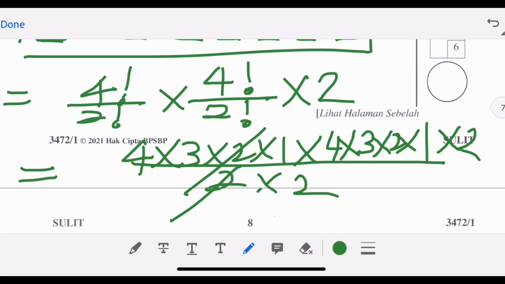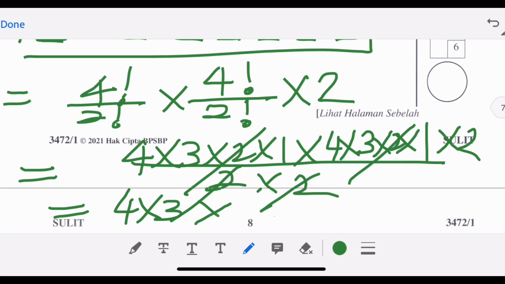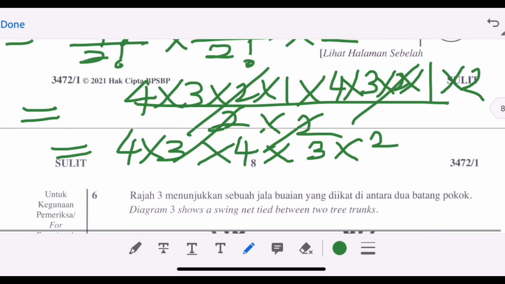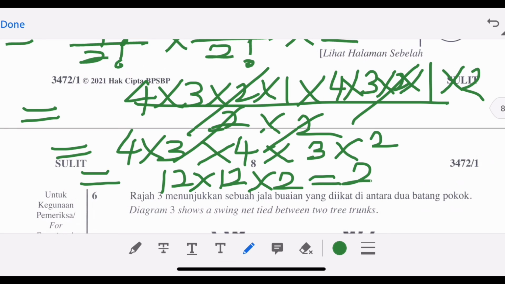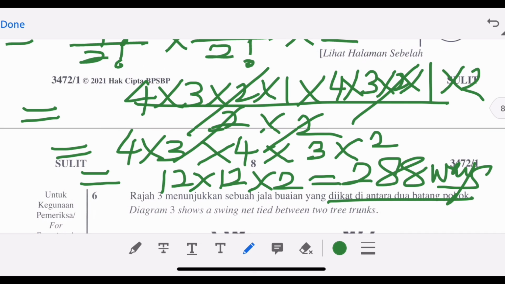So we can cancel out all the 2s. So we have 4 times 3 times 4 times 3 times 2. So the answer is 12 times 12 times 2, which would be 144, 288 ways. The answer will be 288 ways.